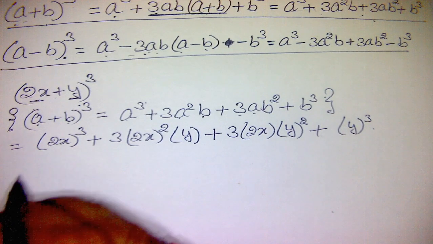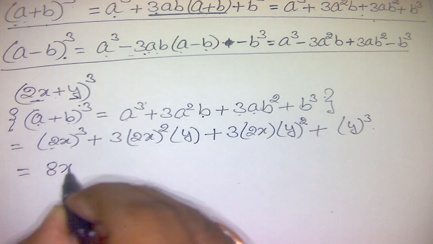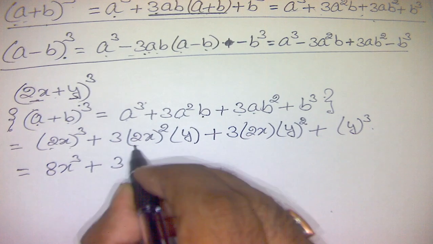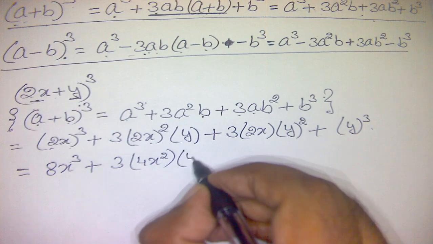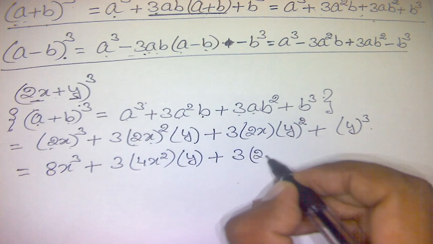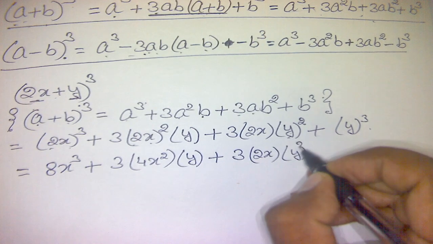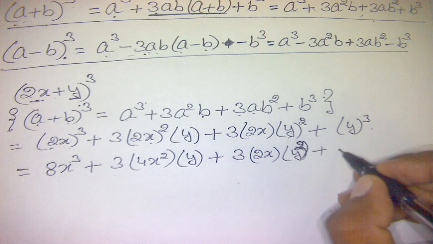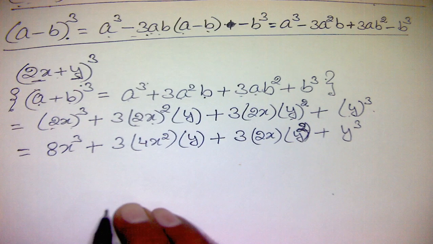So this is what you get. Now you can expand it. Cube of 2x is 8x cube plus 3 multiply square of 2x, which is 4x squared, multiply y, plus 3 multiply 2x multiply square of y, that is y squared, and plus cube of y is y cube.